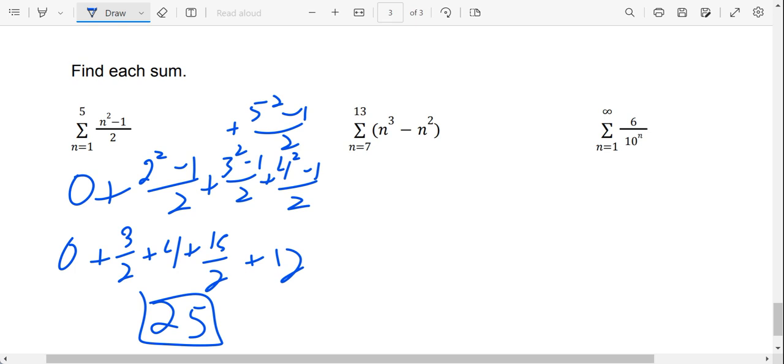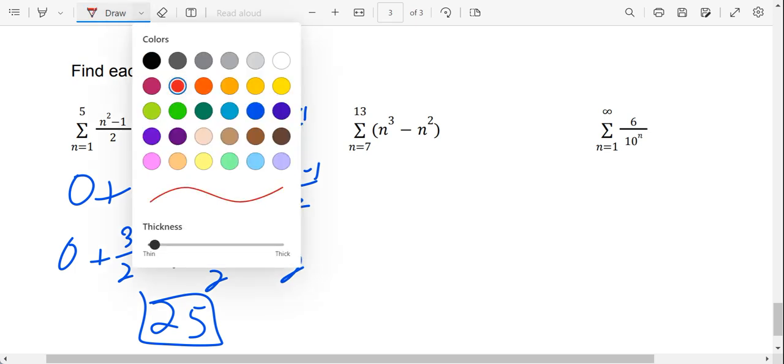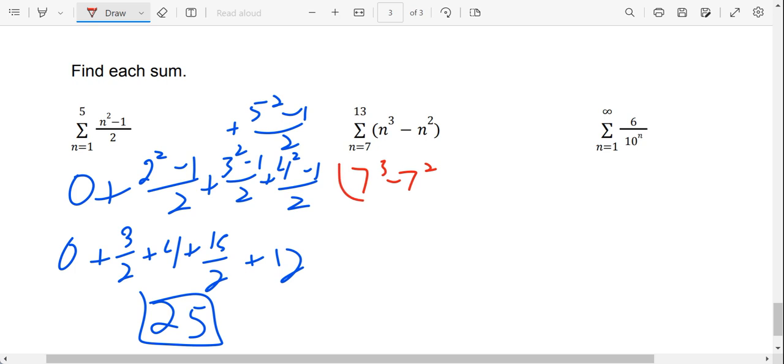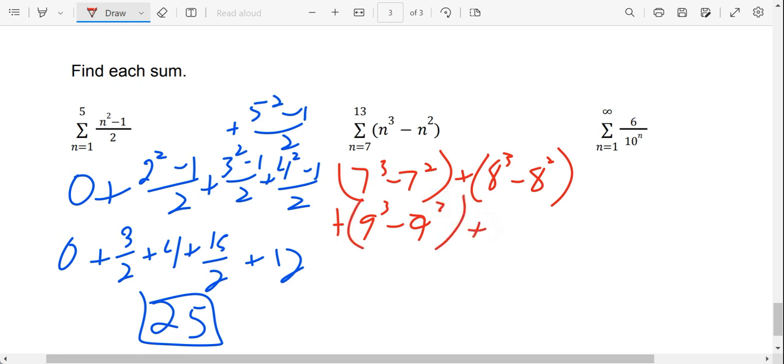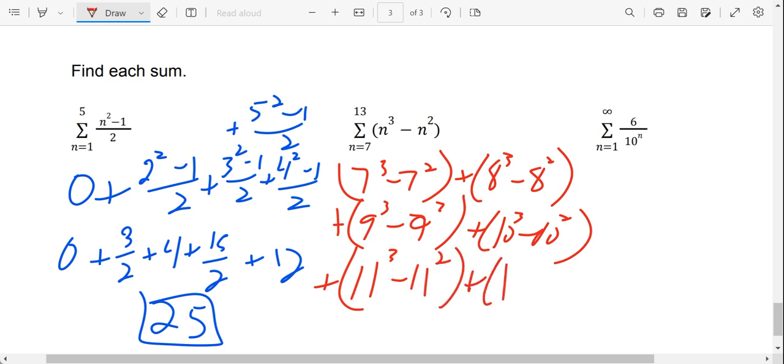Next, I'll use a different color so you know how this is different. Here we got 7 to the third minus 7 squared plus 8 to the third minus 8 squared plus 9 to the third minus 9 squared plus 10 to the third minus 10 squared plus 11 to the third minus 11 squared plus 12 to the third minus 12 squared plus 13 to the third minus 13 squared.